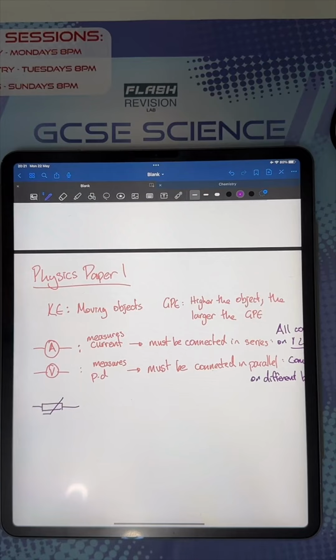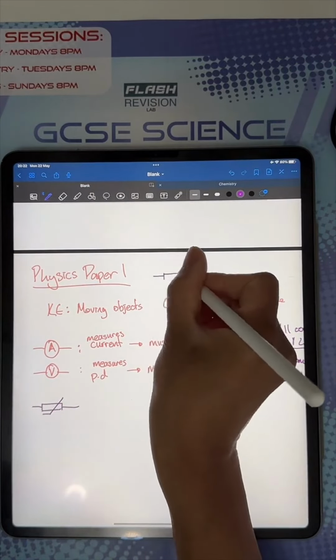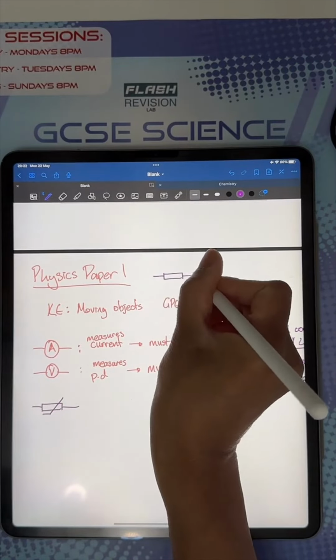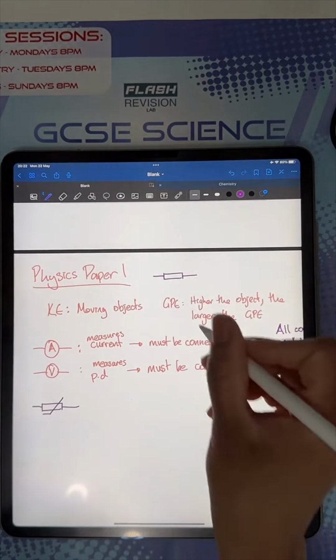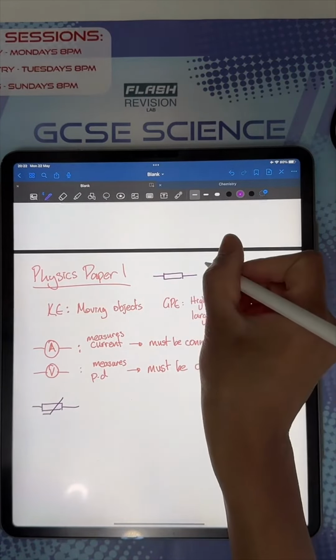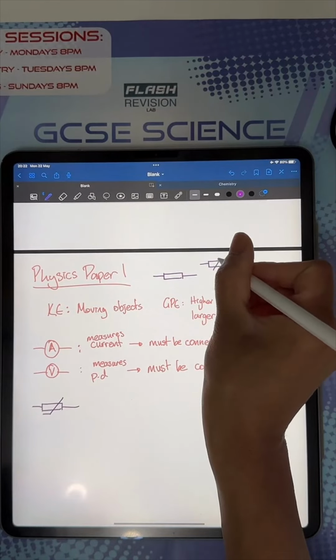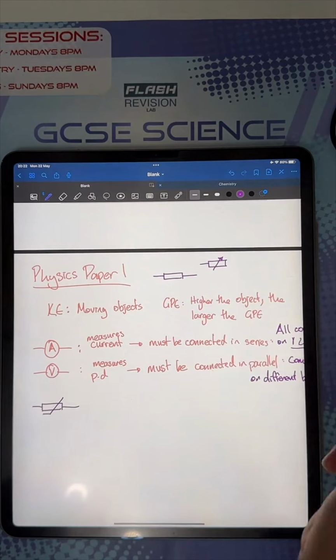Okay, you've got to think of this as a type of resistor, yeah? Anything with this rectangle in it, I'm hoping you know that if you have a rectangle like this, that's a fixed resistor. Any diagram with a rectangle is a type of resistor, okay? So you get this, normal fixed resistor. You get this, which is a variable resistor.